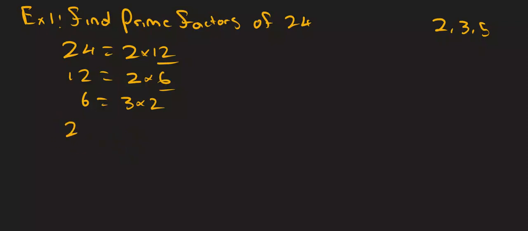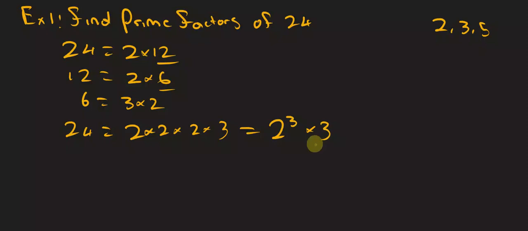So 24 is just 2 times 2 times 2 times 3. Now, this can be simplified further to 2 to the third times 3. Okay, take that down.